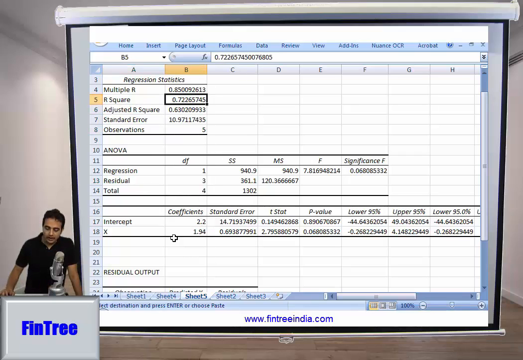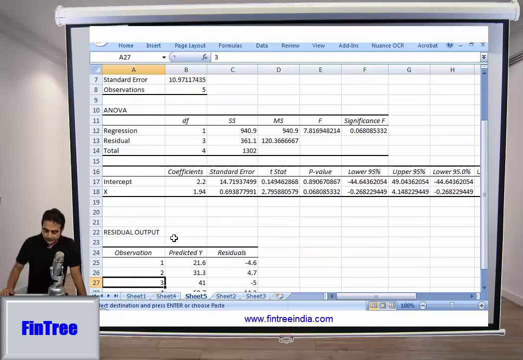And can you also see the R square value, which is calculated as the square of the correlation coefficient? Was your correlation 0.85? So here in the simple regression, multiple R and the correlation coefficient would be the same. But as we go to multiple regressions, this number would be different. And then it gives us some additional values about this.